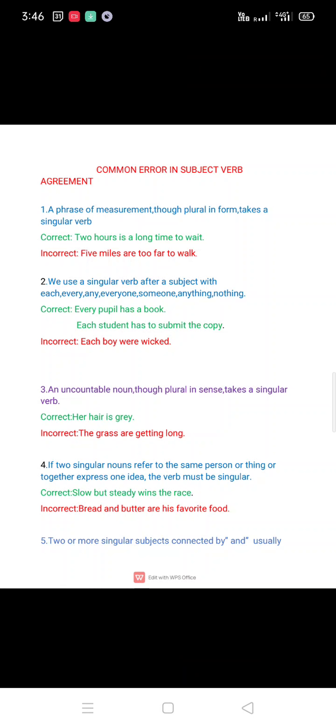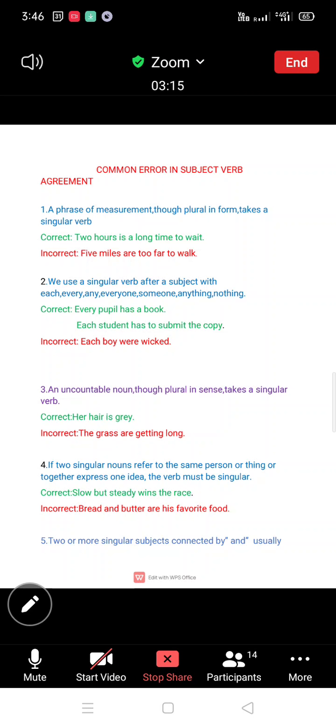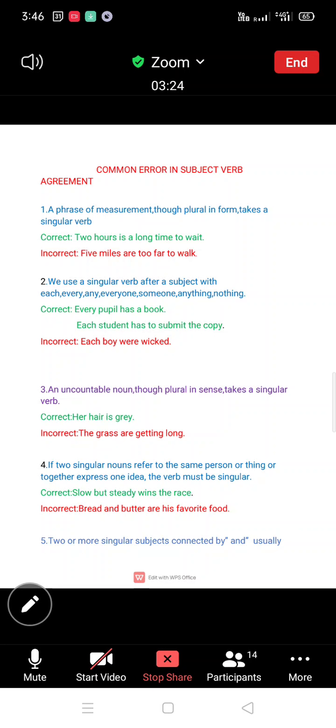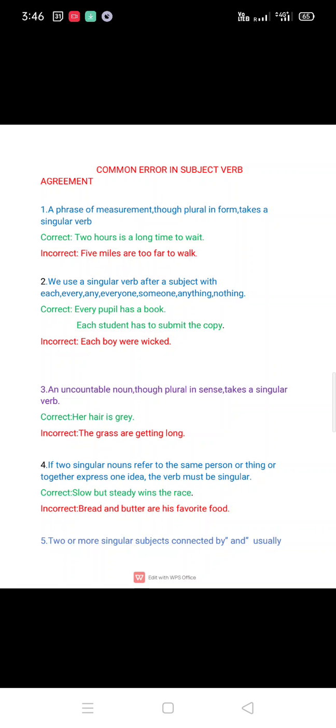Rule number 1. A phrase of measurement, although plural in form, always takes a singular verb. Like see, 2 hours is a phrase of measurement. 5 miles is a phrase of measurement. 2 hours, it is a measurement of time. 5 miles, it's a measurement of distance.